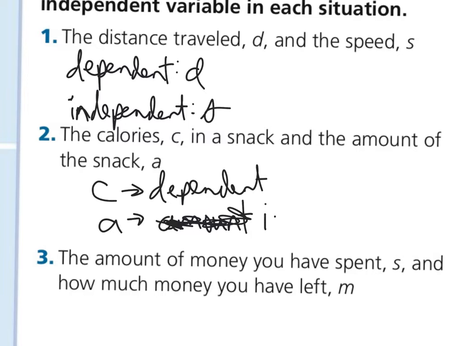Amount of snack is going to be independent. Okay, in other words, if I ask how many calories your snack is, well, it depends on how much I eat of it, for example. Okay?